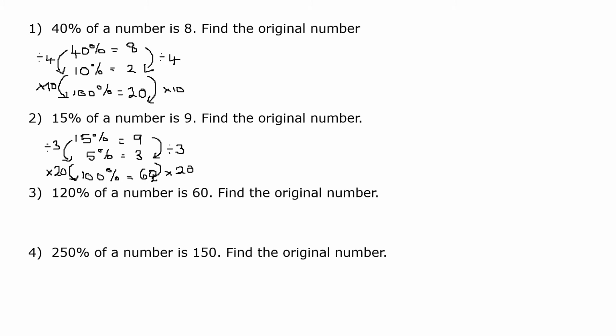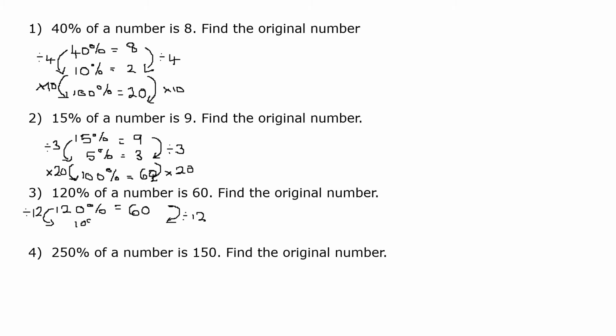So question 3, we've got 120% of a number is 60. Find the original number. So again, I've got a multiple of 10 as my percentage. So 120% is 60. Let's divide both sides by 12, and that will give us 10% of our number.